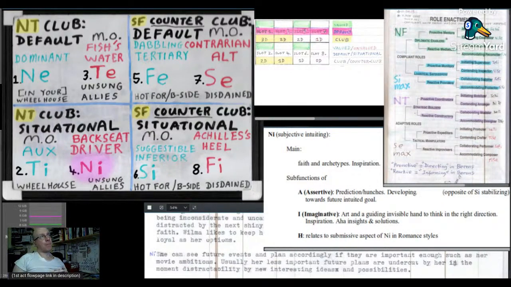The NI is sort of information for, oh, this is a plan. NI in the NT temperament is an idea of this is a strategic path and how things will develop.